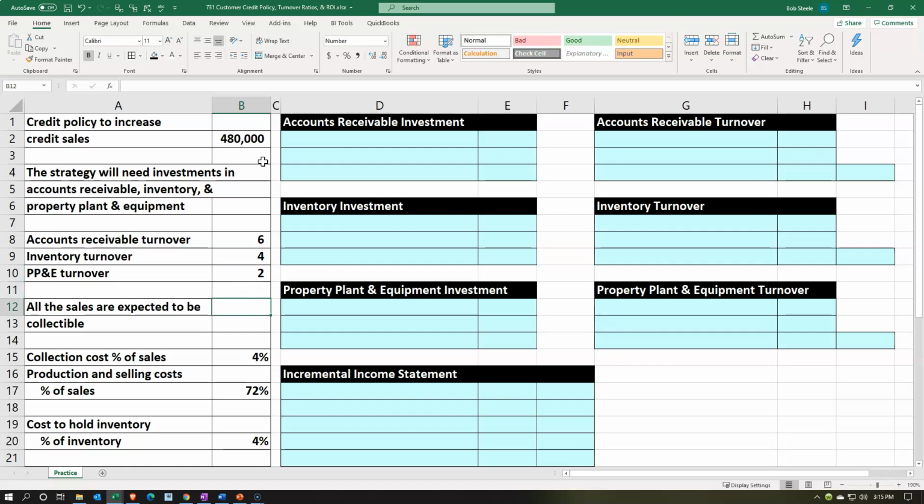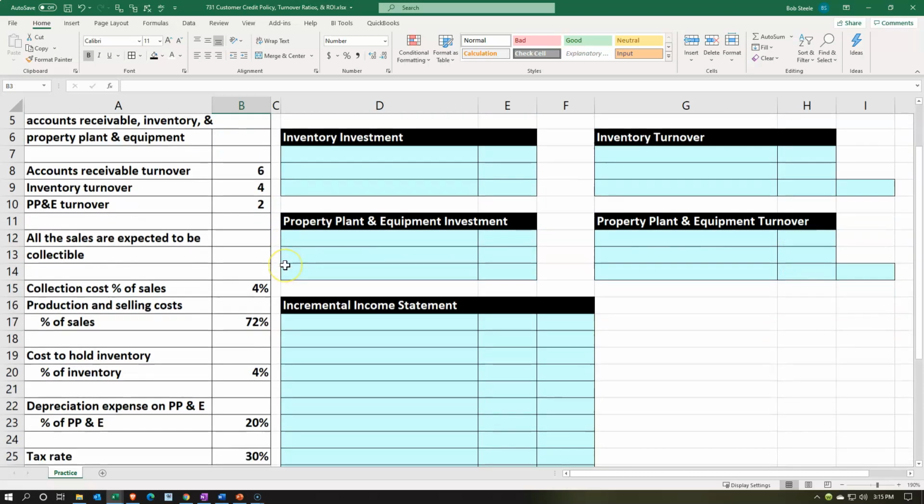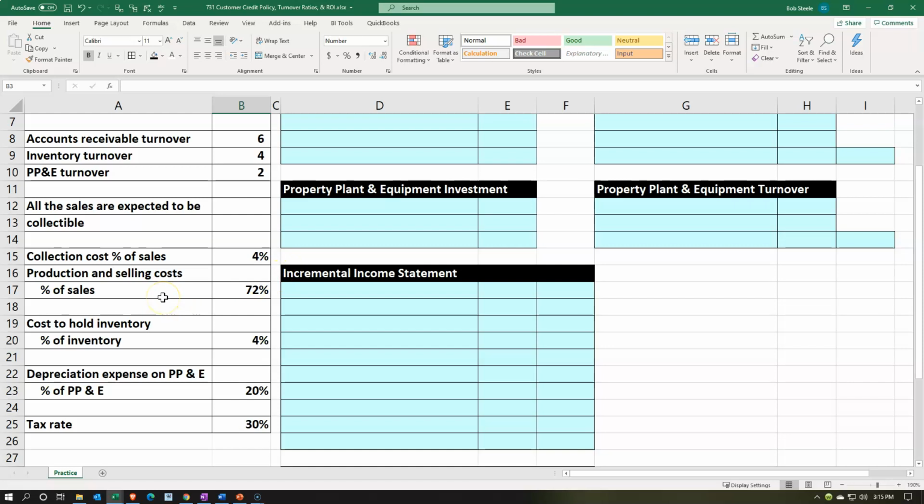So although we're changing the credit policies, we do think that we will be able to collect on all the sales. Collection cost percent of sales is going to be 4%, so there will be an increase in the collection costs of 4% for our new policy. The production and selling costs as a percent of sales are 72%.